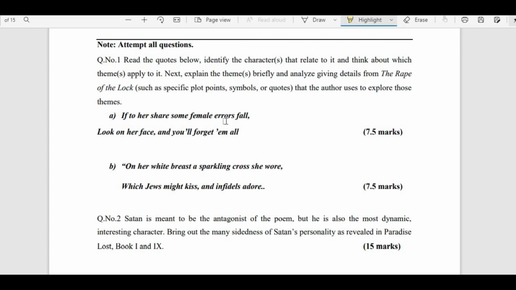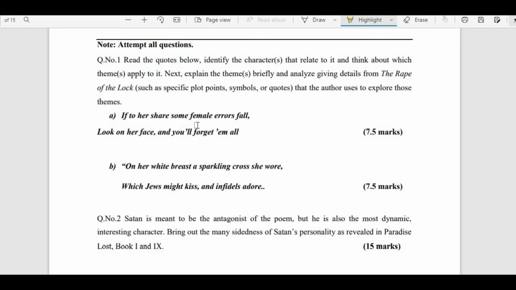These lines are taken from The Rape of the Lock by Alexander Pope, and these lines, okay, so you give the setting of these lines, that Belinda is at Hampton Court, and so you discuss all of these.